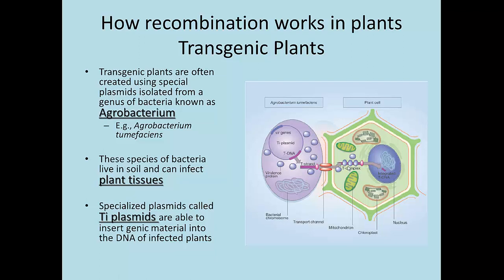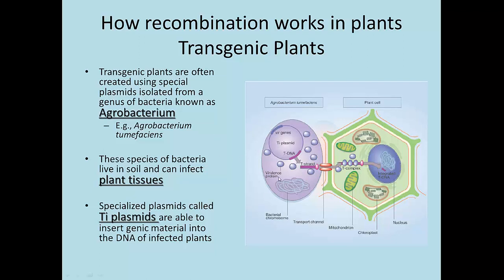And it apparently works when a plant, typically the roots, are damaged. This could occur through parasites like insects, or through just natural damage. But apparently the cells or the tissue have to be somewhat damaged in order for the DNA to get in. So that's usually one of the first things that has to happen.